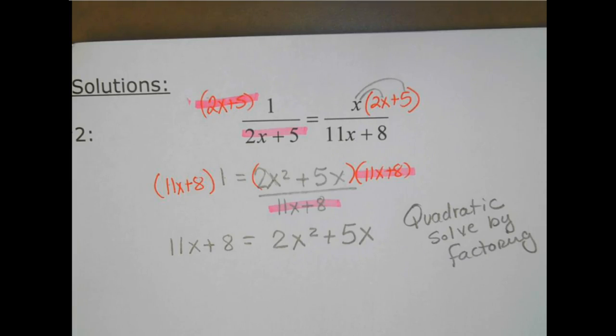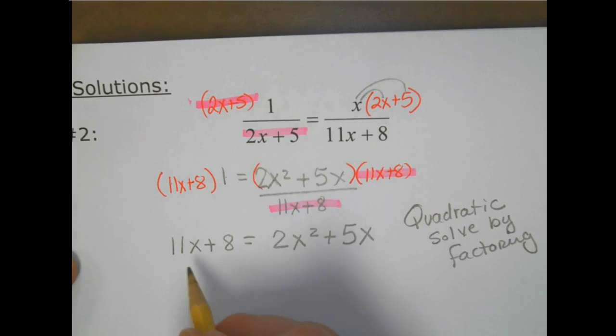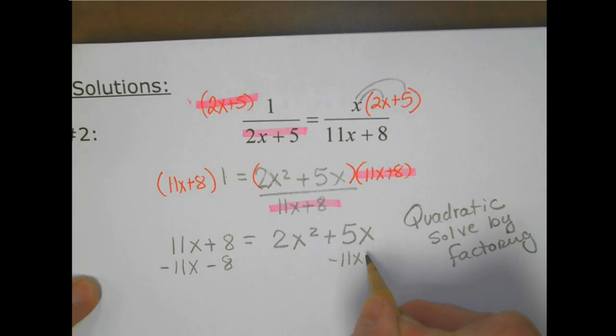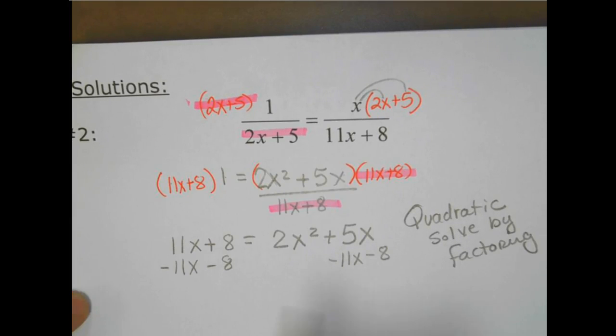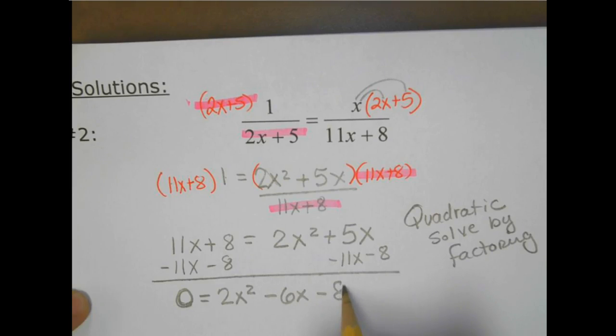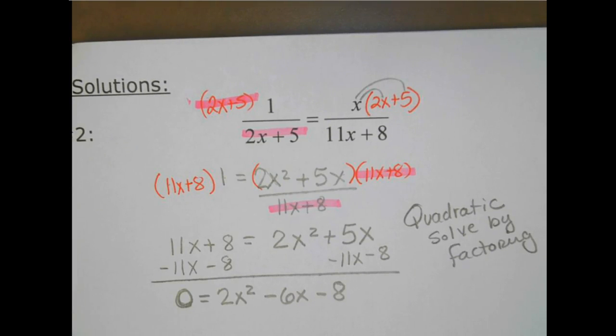If you're going to factor, it has to be equal to 0 before you factor. So I'm going to have to subtract these from both sides of the equation so that it will be equal to 0 so that I can factor it. I did not do this on the previous examples because x was not squared.